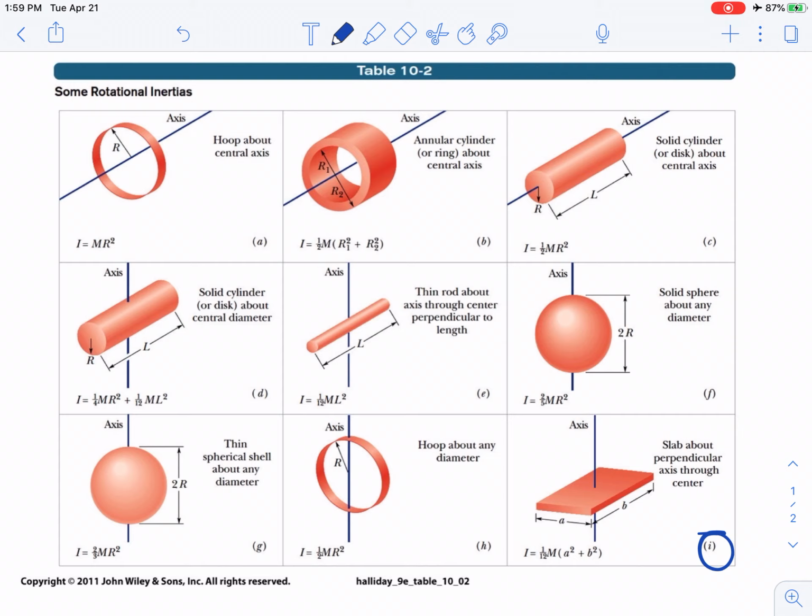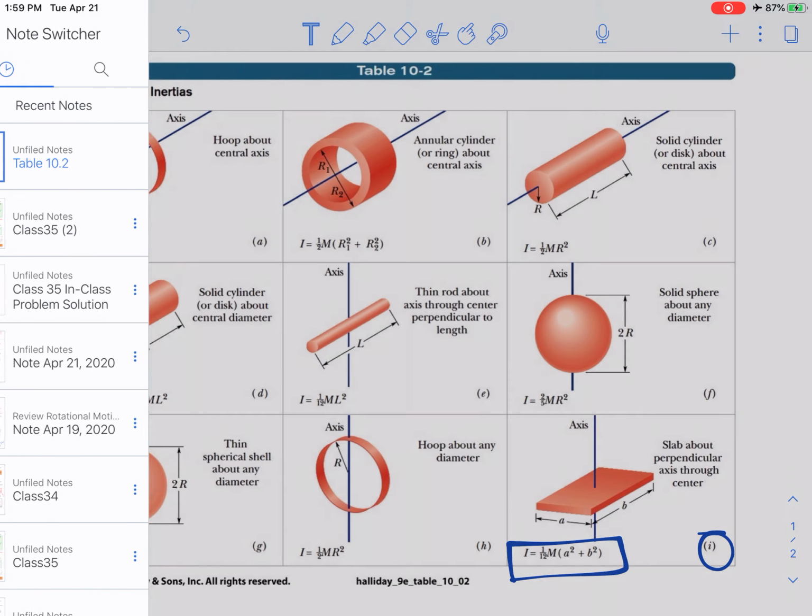And the center of mass point is right at the center, just like this axis going through it. So this moment of inertia given here is really the center of mass inertia. It is 1/12 m times a squared plus b squared, and a and b are the side lengths of the rectangle. Okay, so let's go back to the notes.